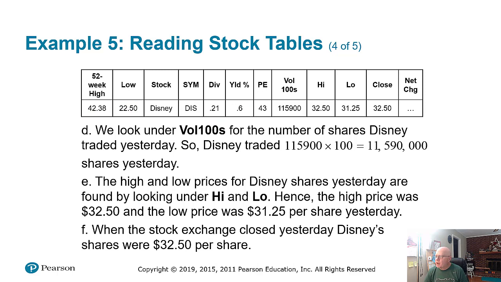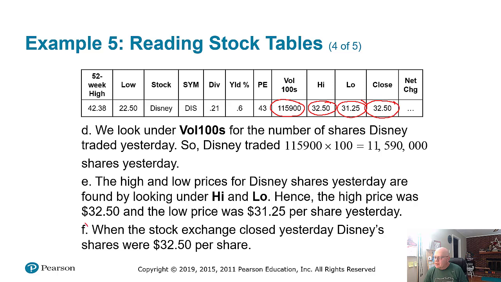Vol 100s, remember, this has to be multiplied by 100 to actually get the dollar value. High and low prices, you can look for under high and low. That's for yesterday. And this is how it closed yesterday.